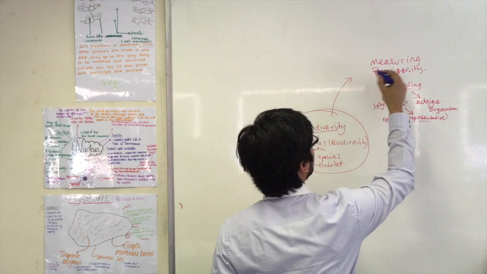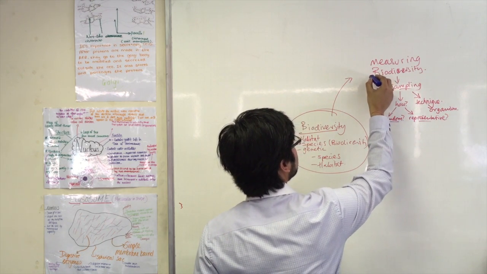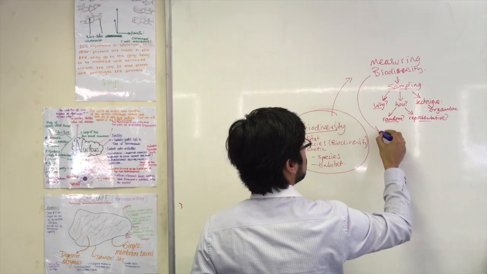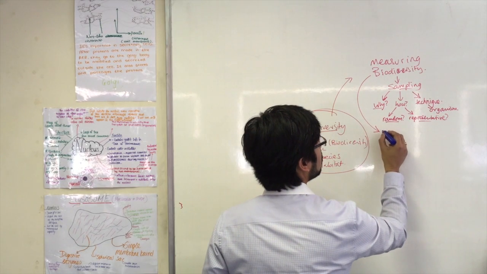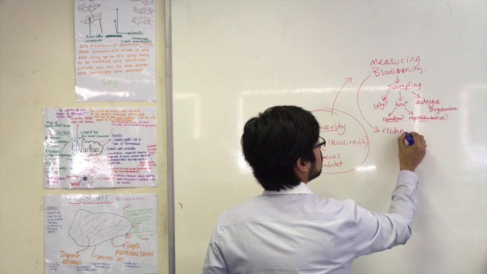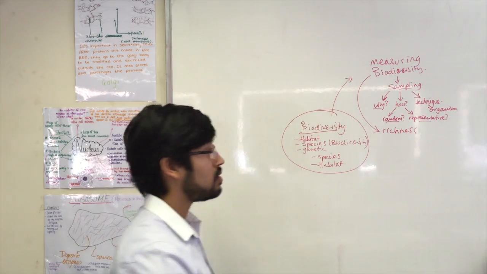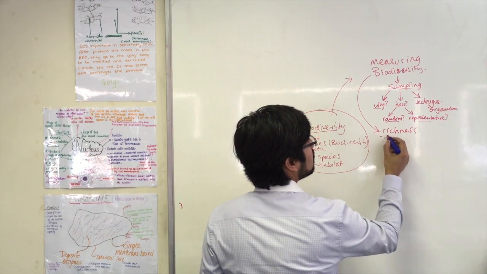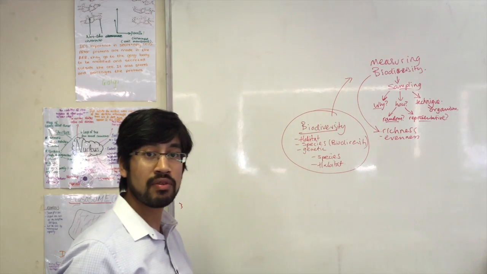That comes under that. And with the sampling, you're going to get some results. Okay? And those results will tell you two things. The richness of the area and the evenness of the area. Do you know the definitions?